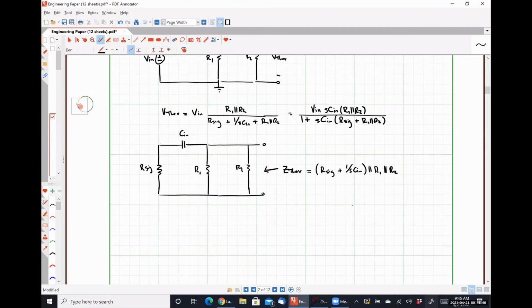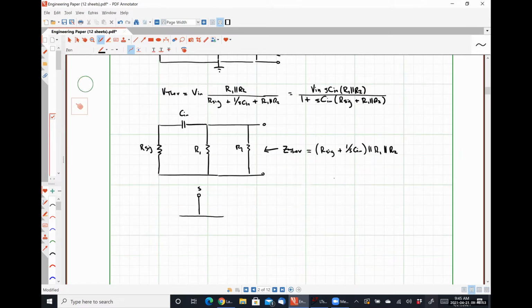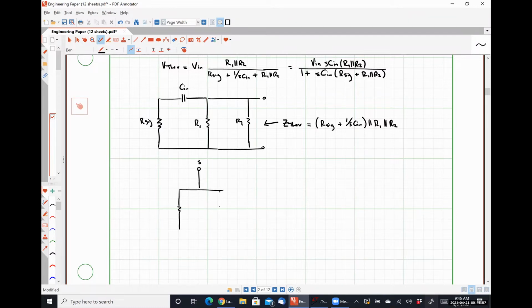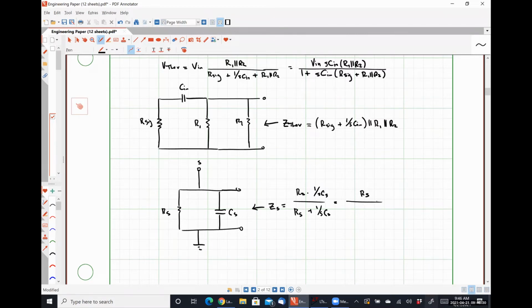So looking in here, we're going to find that ZS is RS multiplied by 1 over SCS divided by RS plus 1 over SCS, which is the same as RS divided by 1 plus SCS RS.